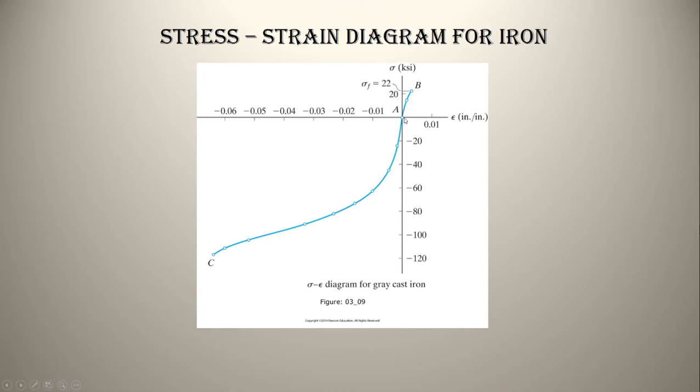In compression, you know that the elongation is negative, or actually there is contraction, so you can see the negative numbers there. This is the tensile load, and this is the compressive load, shown as negative. So it has much more strength in compression.